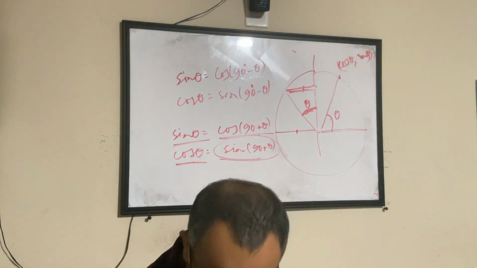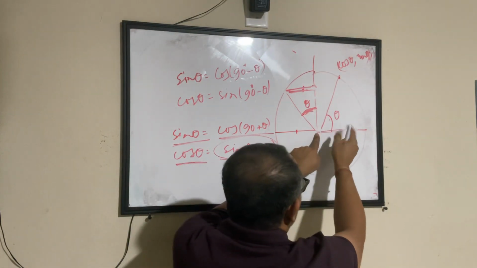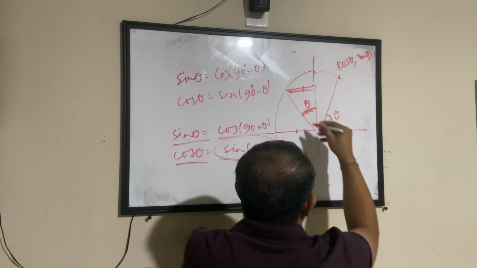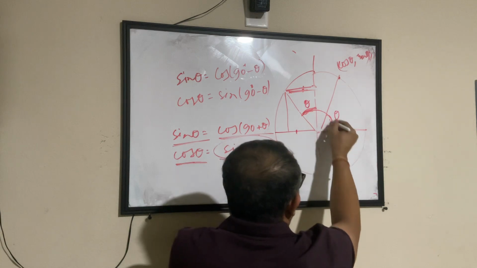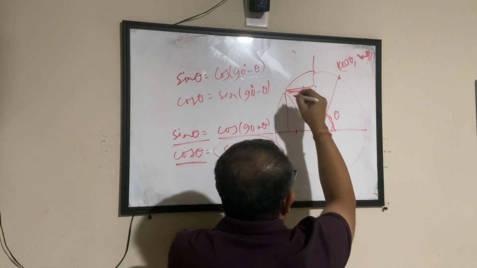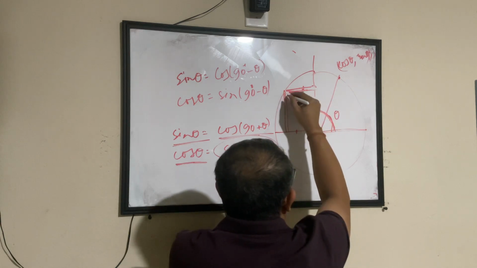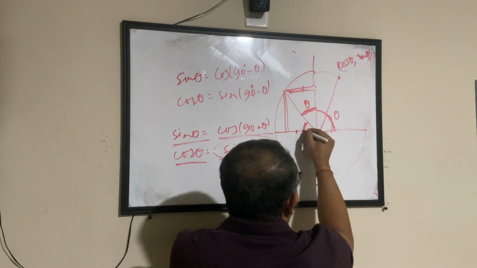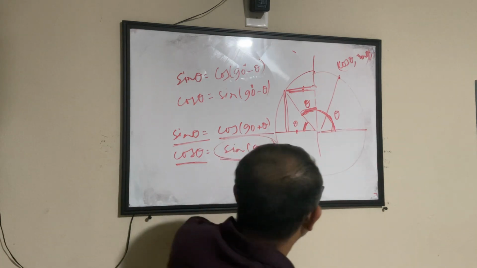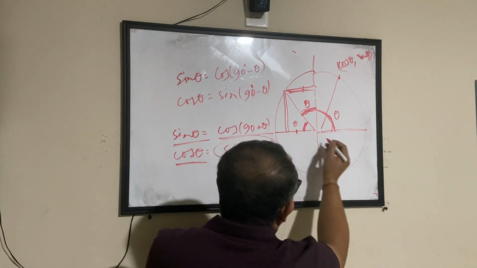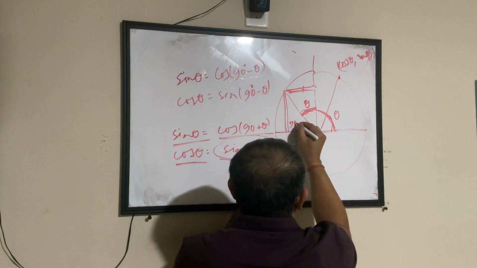Or you can just say, okay, fine, this is my theta, this is 90 degree plus theta. So it went to this side. This is 90 degree plus theta, this is 90 degree, and this is 90 degree minus theta.